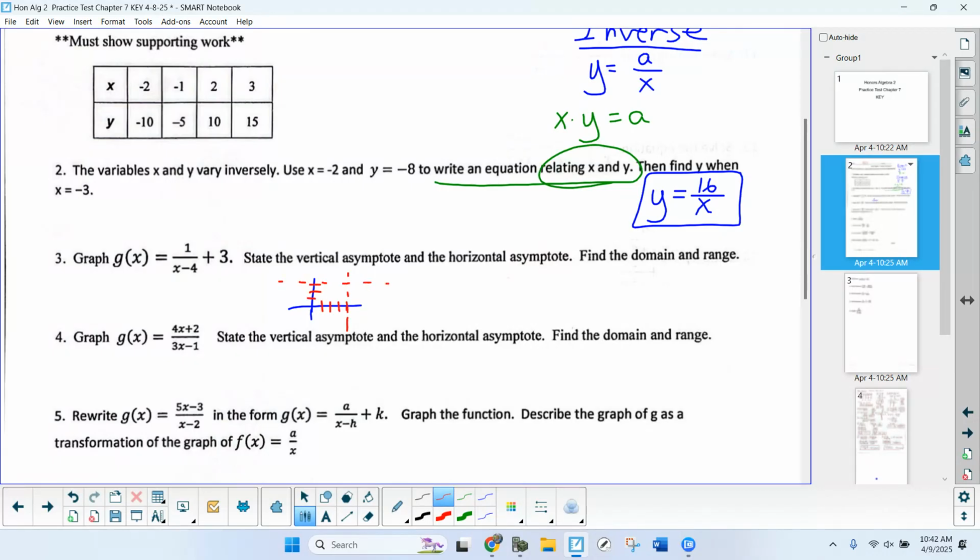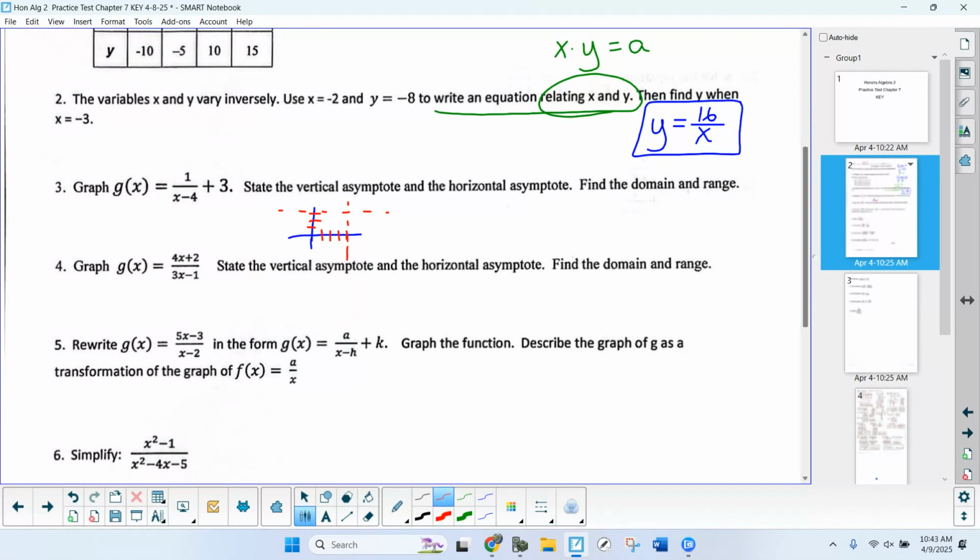What's the equation of my vertical asymptote? x equals. Some of you on your quiz did not put x equals. Make sure you have x equals 4. What's the equation of the horizontal? y equals 3. Then plug it in your calculator to assist you from there.